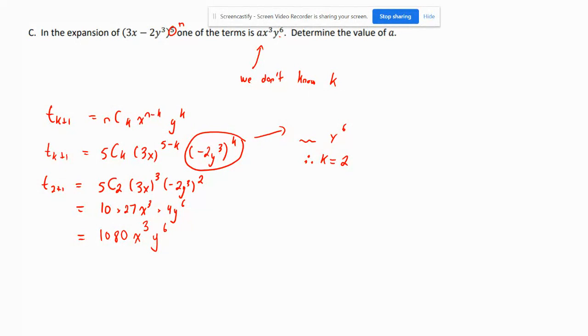Okay. Now this question was saying a x cubed y to the 6th, and we had to figure out what a was. So hopefully you see that a is the same thing as 1080.